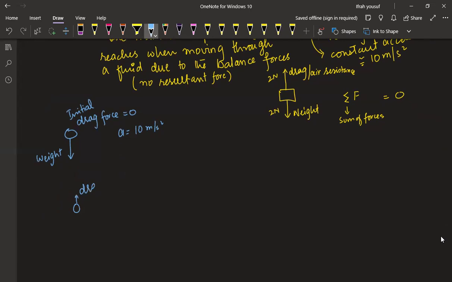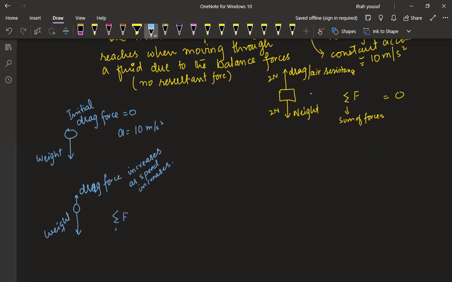So the drag force increases as the speed increases, right? And the weight somehow starts getting decreased. Clear?